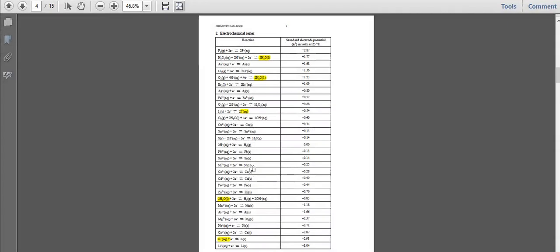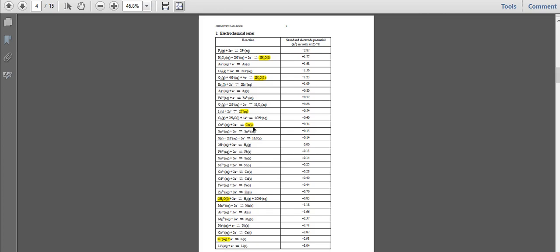If I highlight copper, copper's here. So copper is a reducing agent, and a reducing agent undergoes oxidation, and oxidation happens at the anode. So if copper is present at the anode, it can compete with iodide ions.